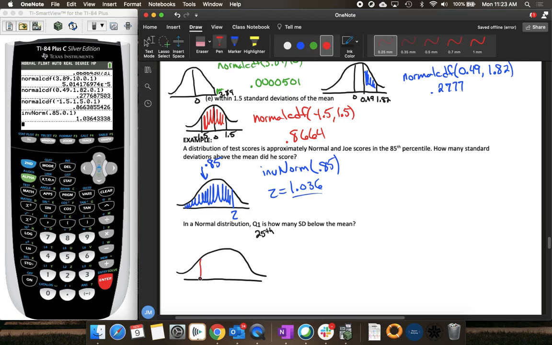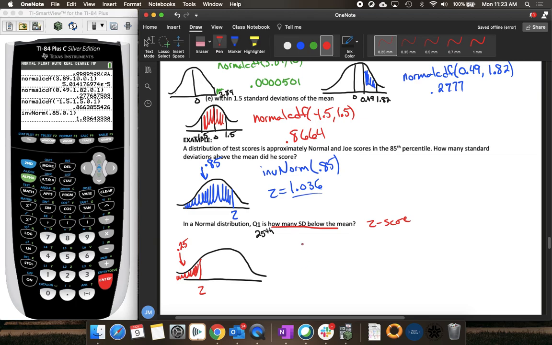So 0.25 would have to be somewhere over here. Again, the area for that is 0.25, and we want to know what the standard deviations would be. In other words, what would be the z-score would be another way to think about that. So when it says how many standard deviations, what it wants to know is the z-score.